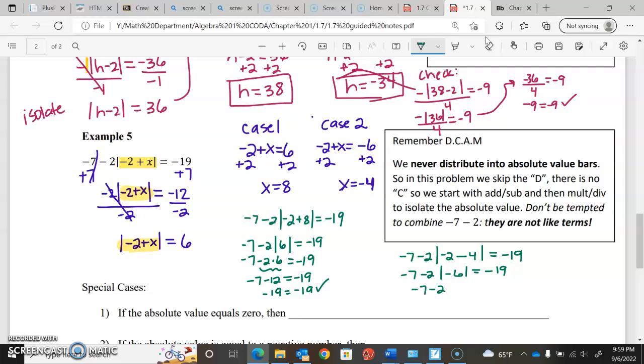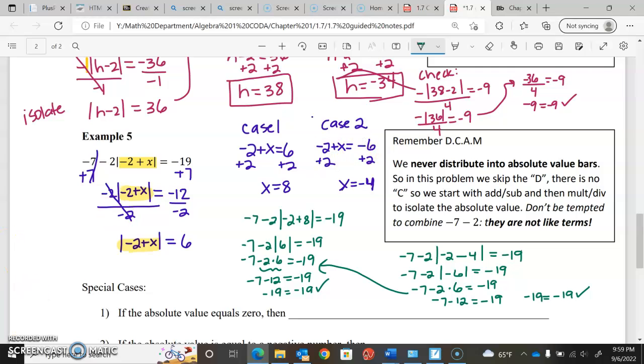Absolute value of -6 is +6. And then notice it's going to come out to be the same as right there. So multiply the -2 times 6, so that's -12. -7 minus 12 is -19. So that one also checks out.